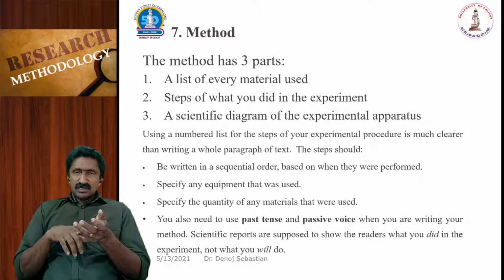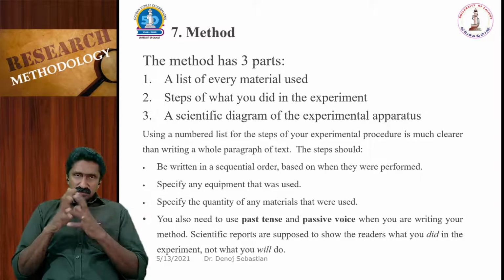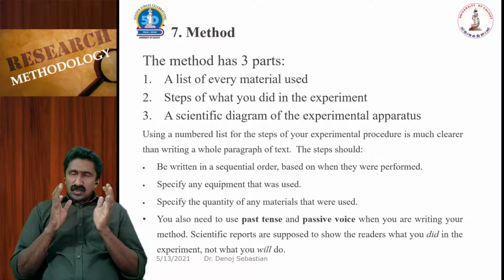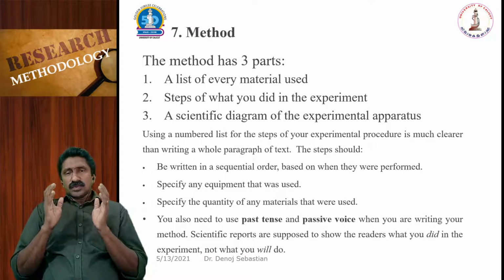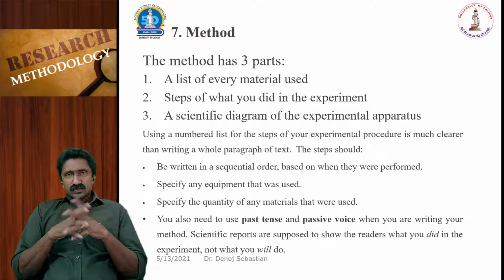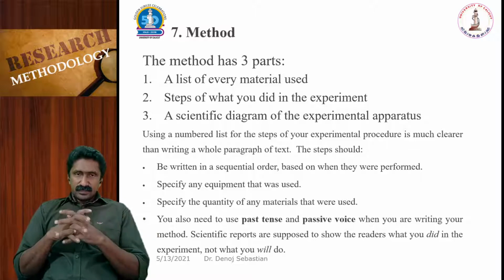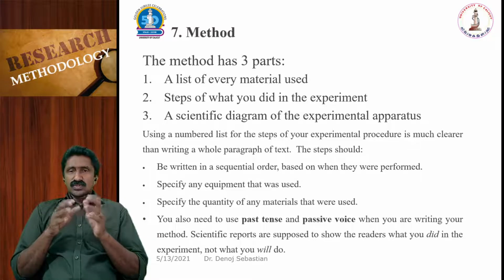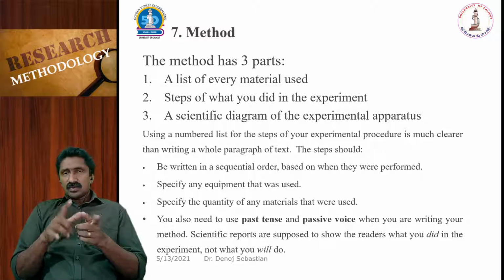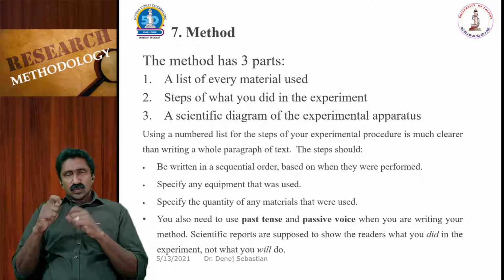What are the materials and in which quantity they are used for preparing your reagents and other things. You also need to use past tense and passive voice when you are writing your method, because it's already done, and scientific reports are supposed to show the readers what you did in the experiment, and not what you are going to do or what you will do.